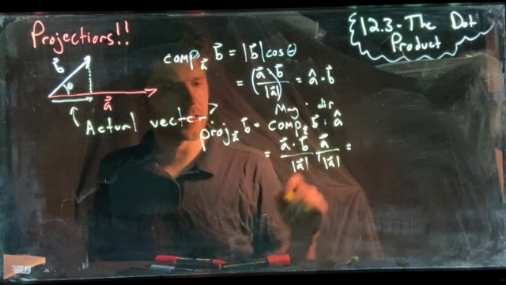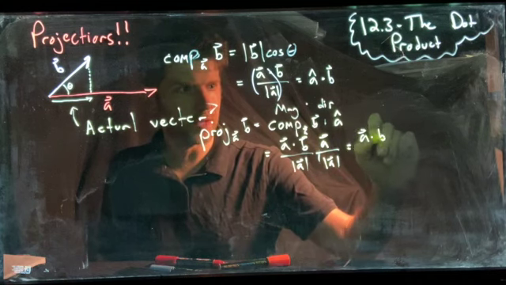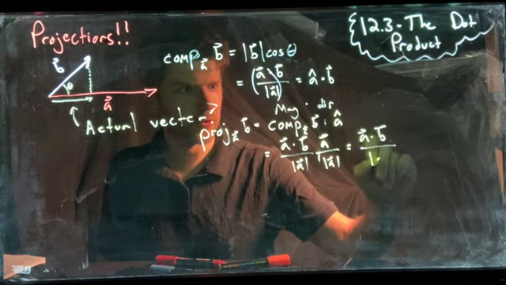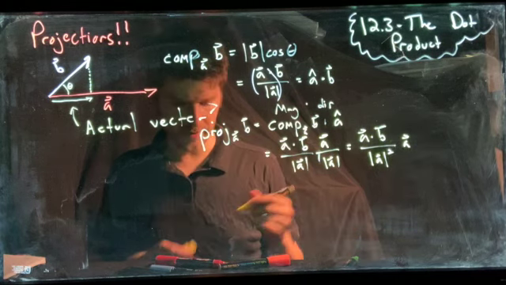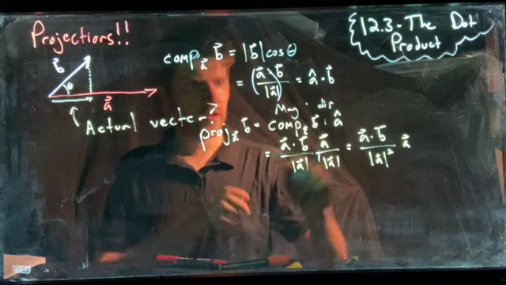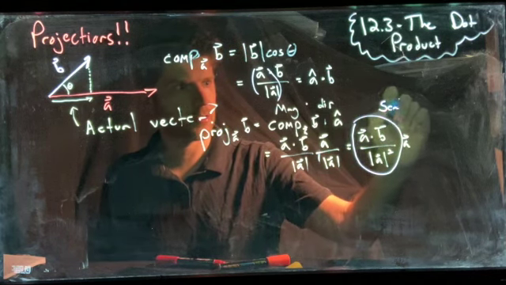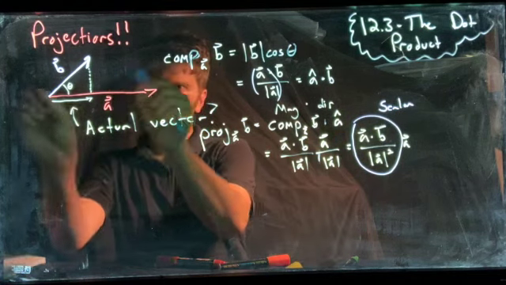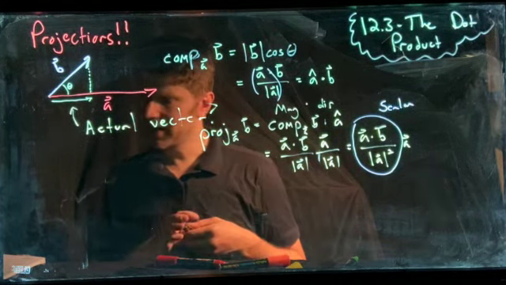And so you'll often see this written in your book this way: A dot B over the magnitude of A squared times the vector A. And it's worth noting that all of this is just a scalar that sizes that vector projection, exactly right.